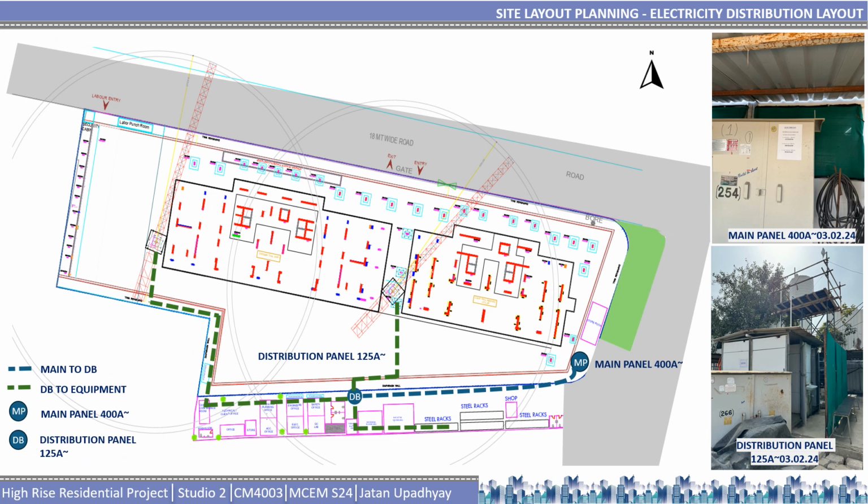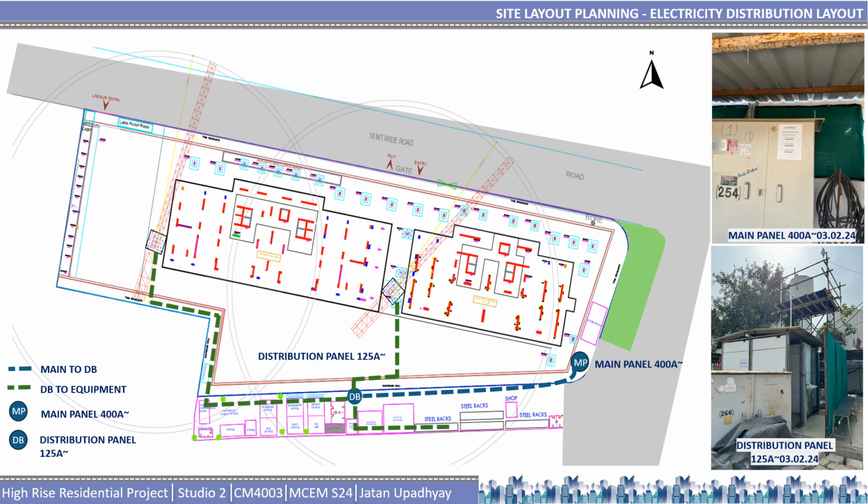In the electricity distribution, the main electrical panel of 400 ampere is located at the entrance of the site. The main panel provides electrical power to the distribution panel, which is located near the engineer office. The capacity of the distribution panel is 125 ampere.